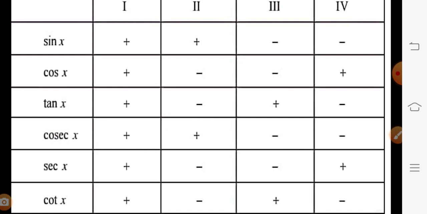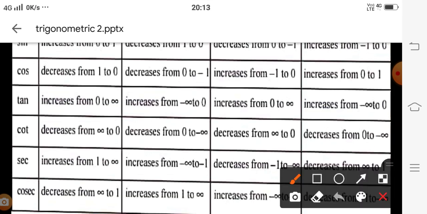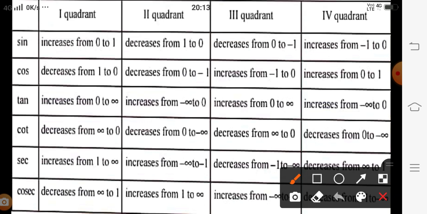This you have to remember: in which quadrant which t ratios are positive and which are negative. In the first quadrant all t ratios are positive. In the second quadrant, only sine and cosec are positive, in the third quadrant, tan and cot, and in the fourth one, cos and sec are positive.